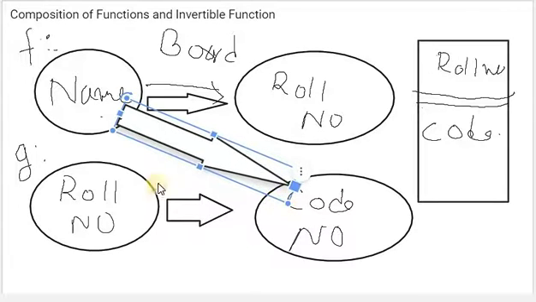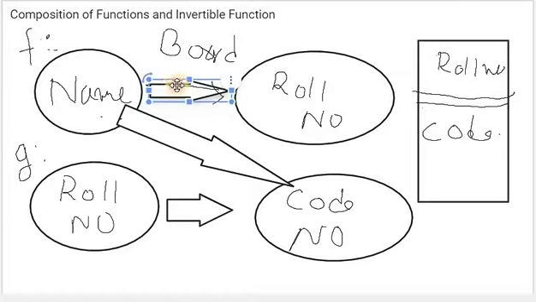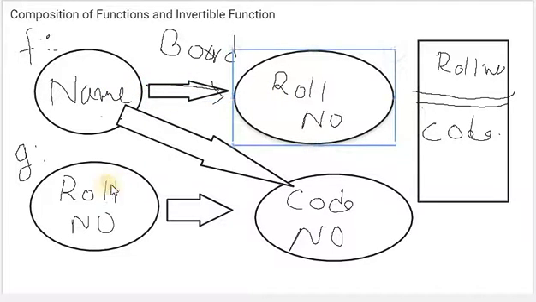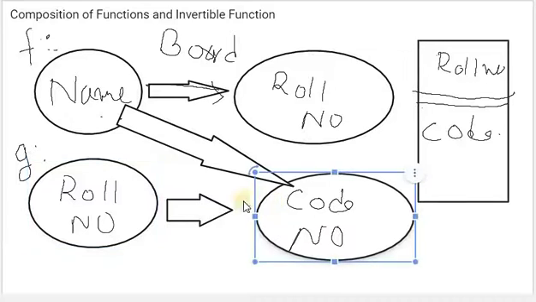But it is going through what? It is going from name to roll number and roll number to code number. This is called composition of function. So f is going from name to roll number and roll number to code number. So this function from name to code number will be denoted by what?